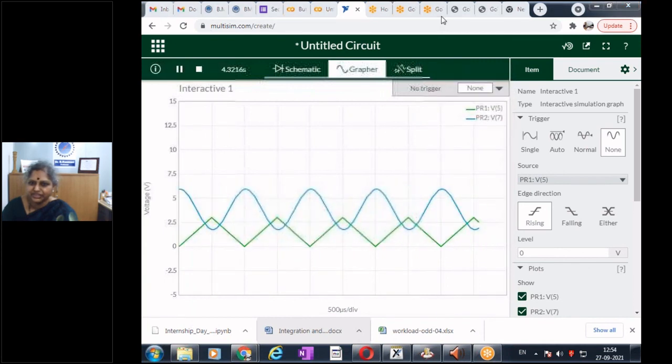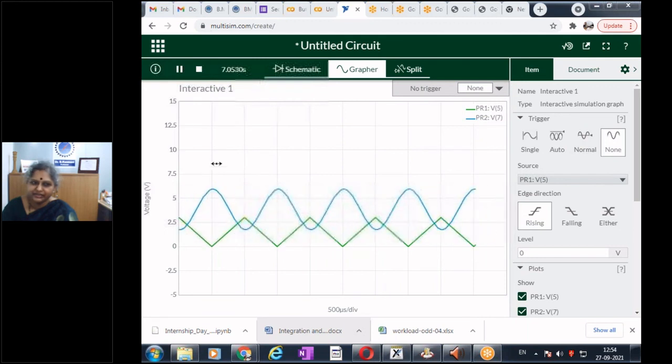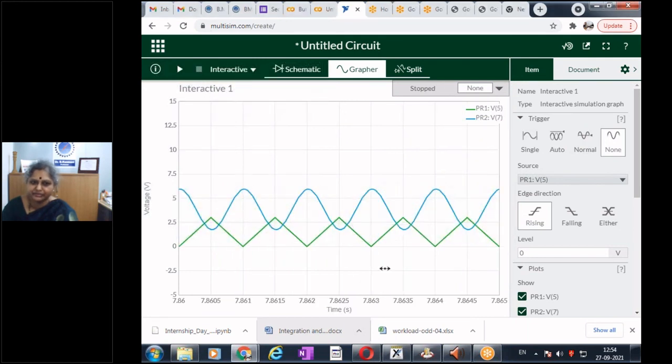I gave a triangular voltage, and again, what am I getting? Am I getting a sine wave? I'm giving a triangular wave of around 1 kilohertz, and what am I getting at the output?